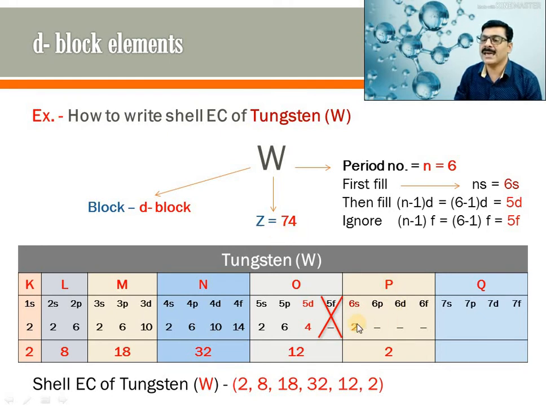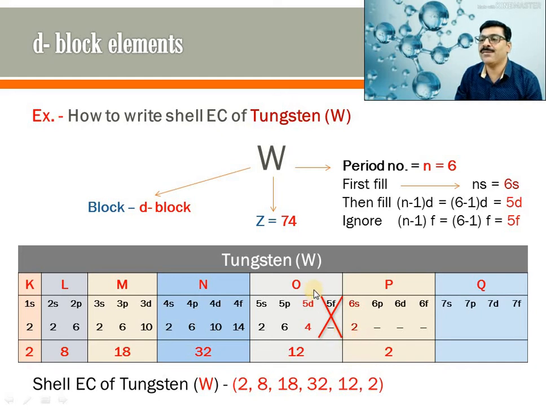So here K shell contains 2 electrons, L shell contains 8, M 18, then N 32, then O shell. O shell contains the 5d orbital and P shell contains 6s. So ns means 6s you have to fill up first, and 2 electrons enter the 6s orbital. So total electron is 70.